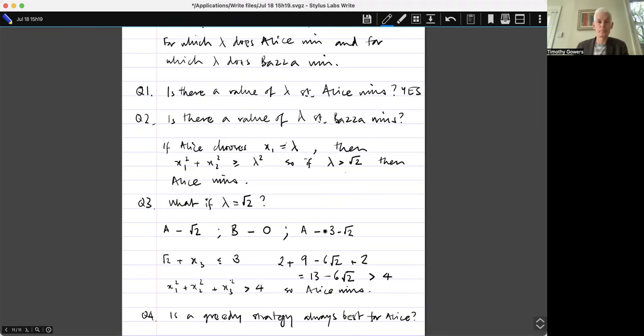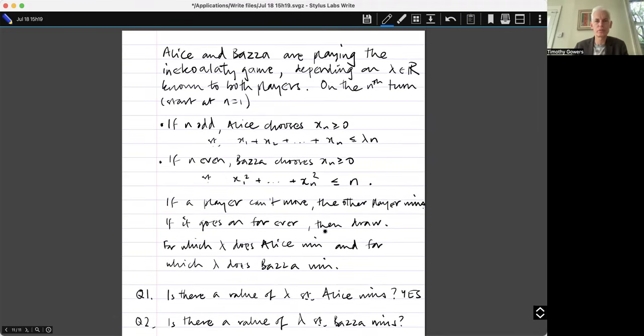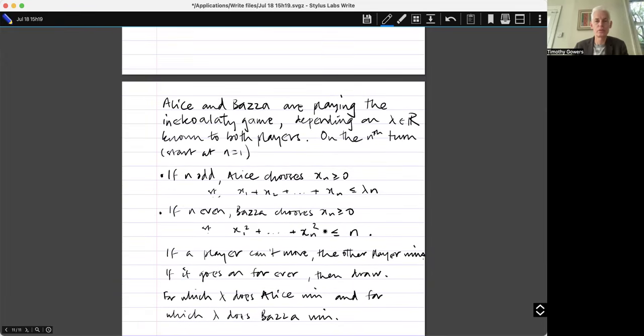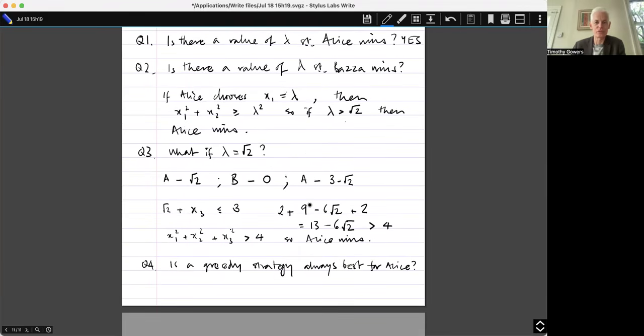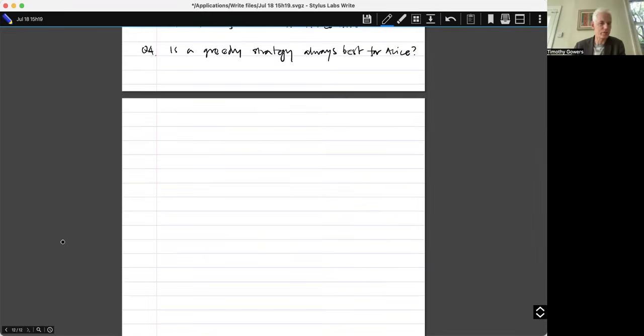And was lambda a positive real number? No. But yes, or non-negative real number. Because in fact, I suppose maybe we should add the trivial answer to question two, because I just said lambda was a real number, so I might as well go with that.